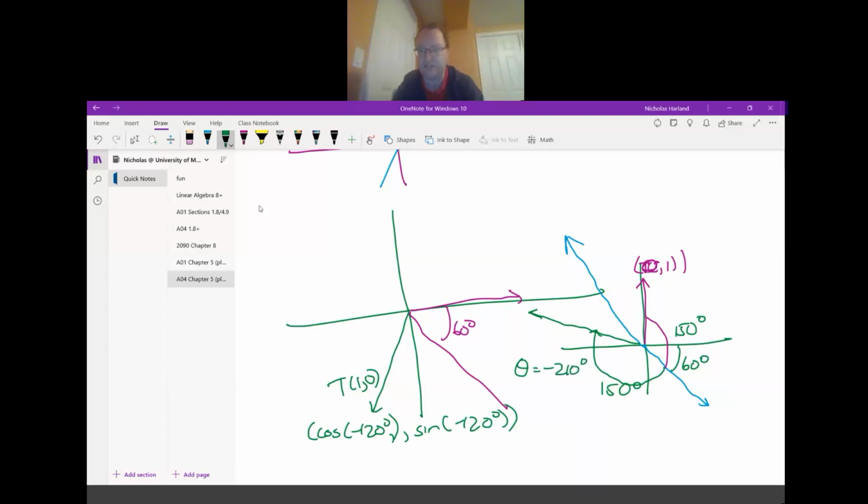The original 60 plus the extra 150, we get negative 210, which honestly is the same thing as 150 degrees. But either way, we get T of 1, 0 is equal to cosine of negative 210, sine of negative 210, which would be whatever it is. So kind of like with rotations, we're keeping the same ideas, but the angle is negative.